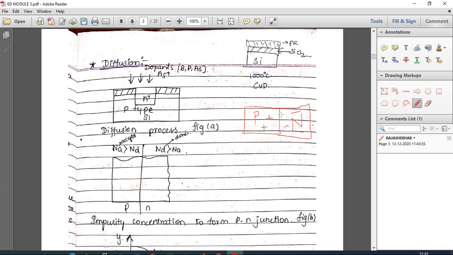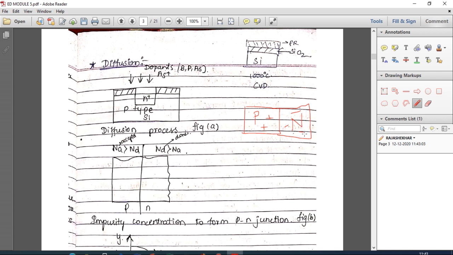When they are joined like this using any fabrication technique, the holes in the P type start moving towards the N type, and the electrons in the N type move towards the P type.